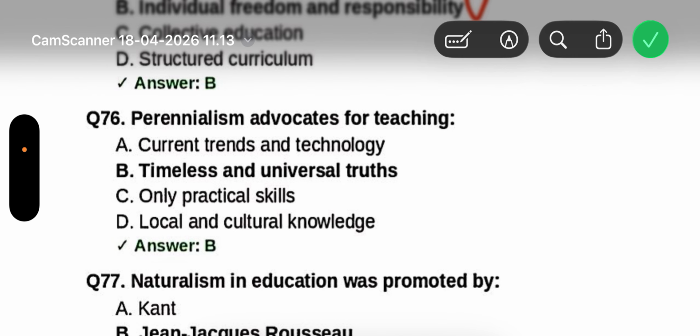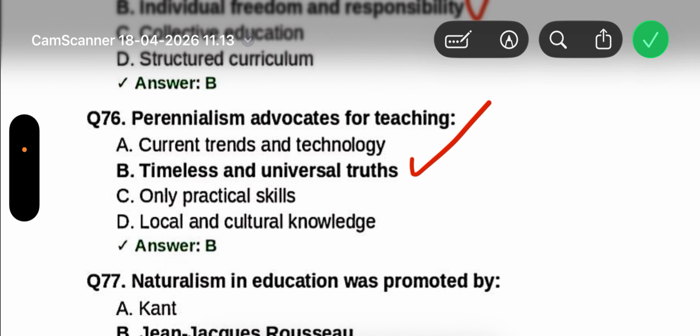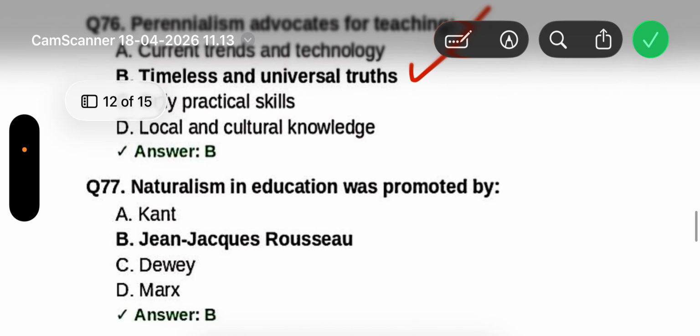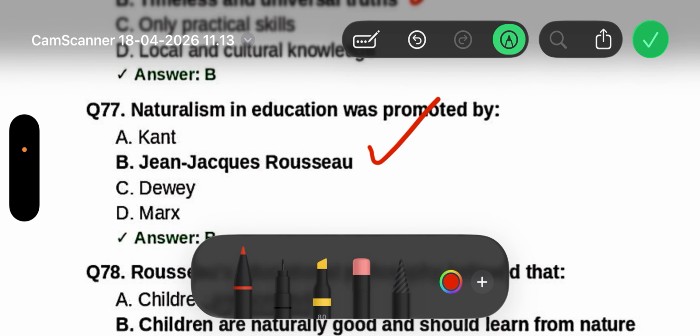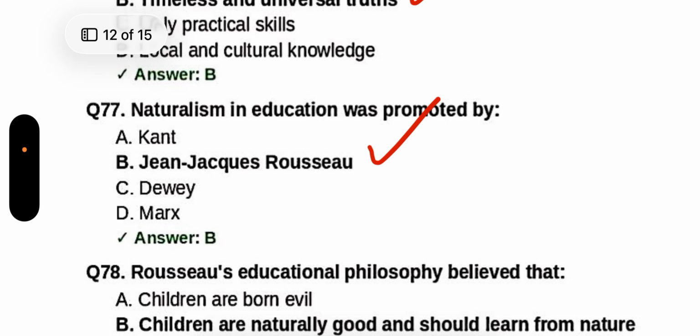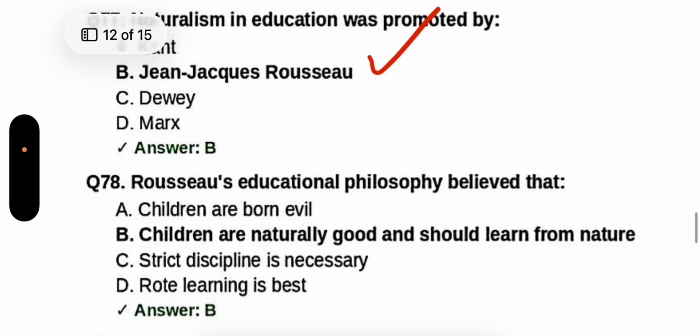Perennialism advocates for teaching timeless and universal truths. Question number 77. Naturalism in education was promoted by Jean-Jacques Rousseau. He is a political thinker who gave multiple ideas related to social contract theory and state of nature.